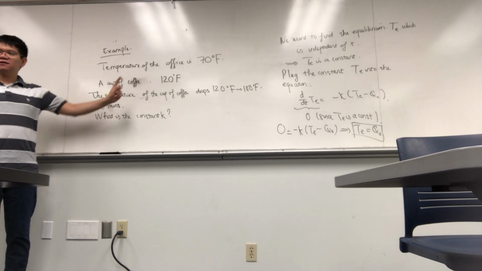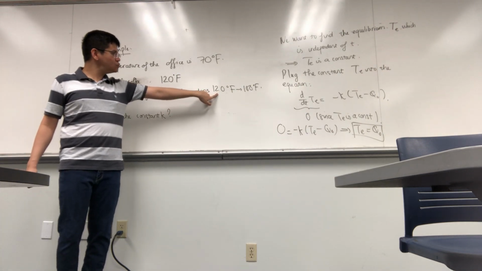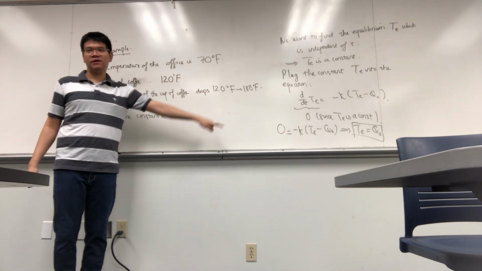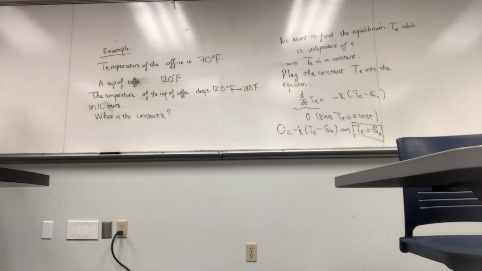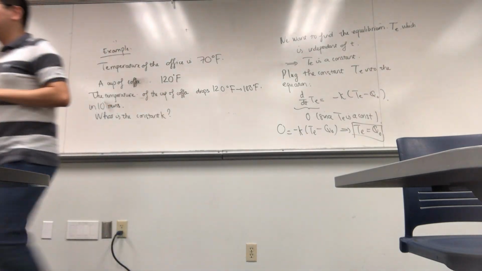So in 10 minutes, the temperature drops from 120 to 100, and we want to compute the constant k. So how do we compute that?